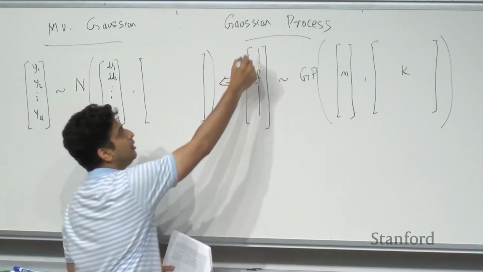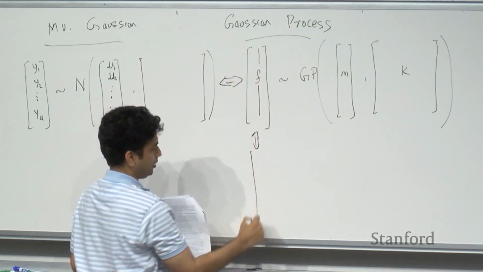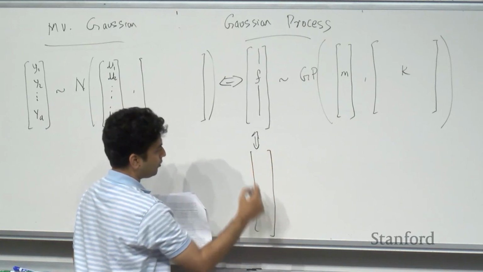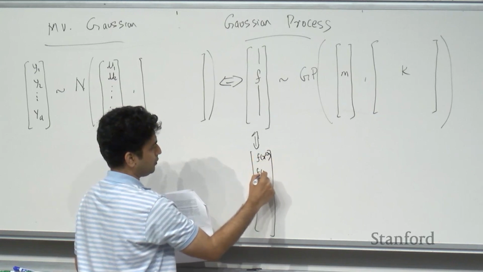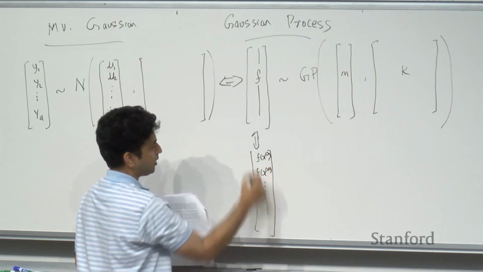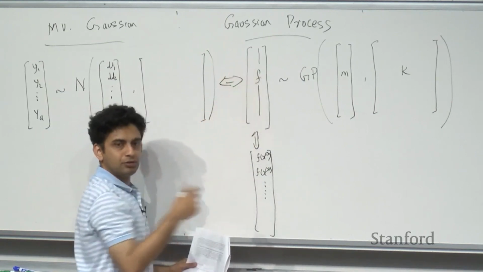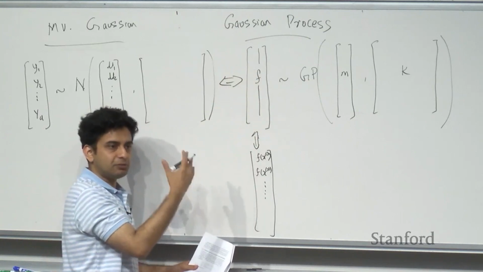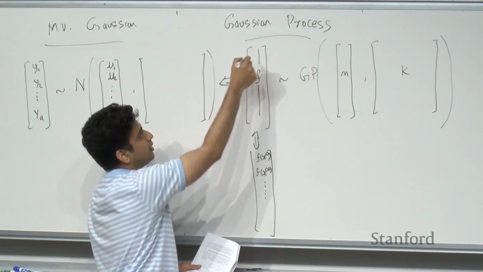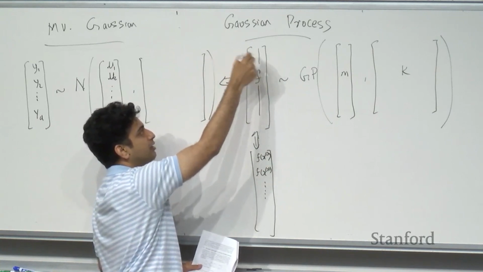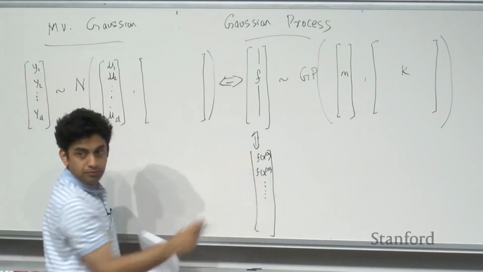So you can think of this as a vector, which is basically a set of all evaluated values: f of x1, f of x2, basically every possible input for that function will have a position. That's not the right definition, but it's a very good mental picture to have. The value evaluated by the function is the value of this infinitely long vector at that position. So where you had indices, you have inputs.